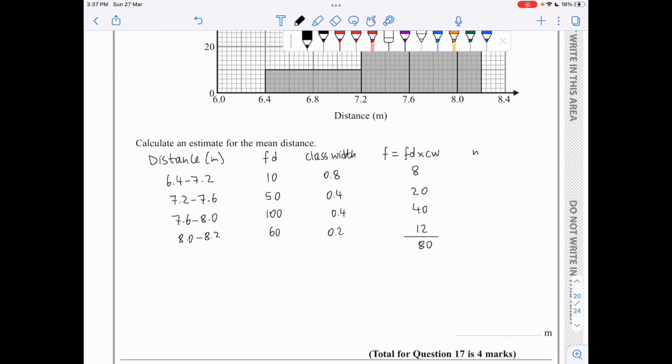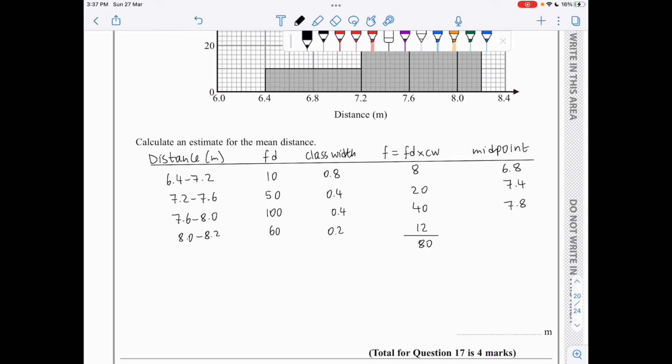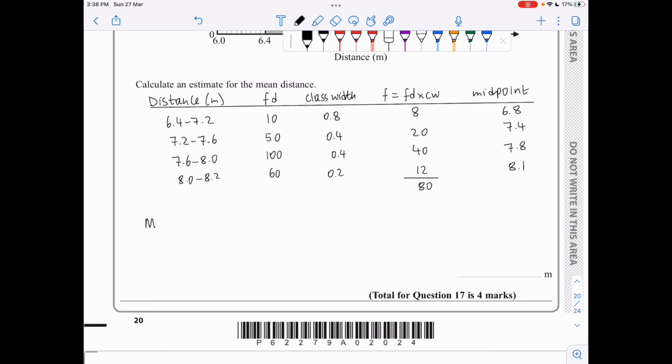And then I include the midpoint. The midpoint of 6.4 to 7.2 is 6.8. Then 7.4, 7.8, and 8.1. So the mean will be the sum of the products of frequencies and midpoints.